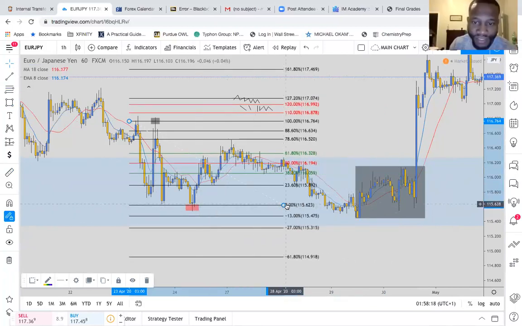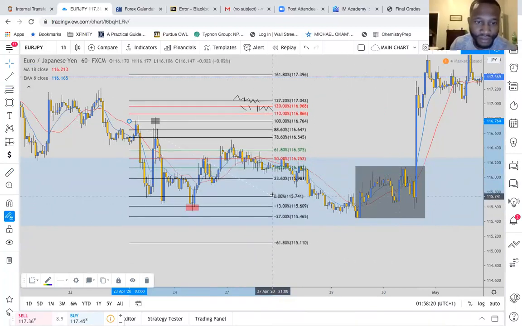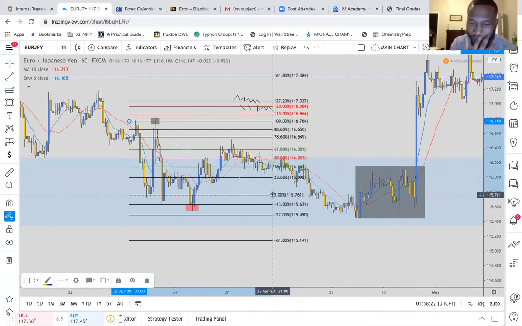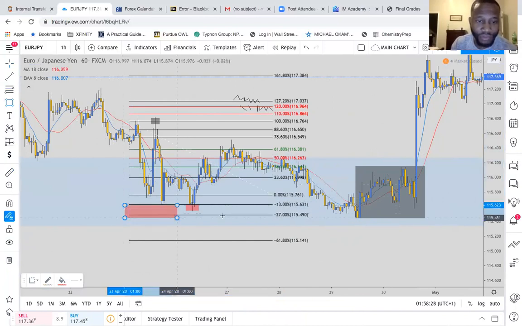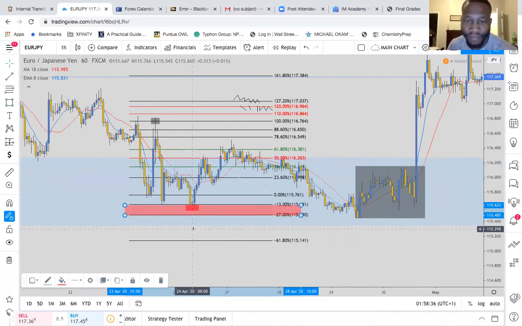So 13% is your initial target. Or what y'all can do is just put a zone between 13 and 27, and if you see it get in this zone, close your trade. Let's do that. That makes more sense.